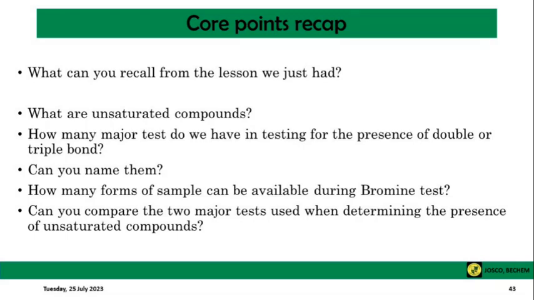Are you able to name those tests? In terms of bromine test, how many forms of sample can be available? Are you able to compare the two tests, bromine test and Bayer's test, in trying to determine the presence of unsaturated compounds?